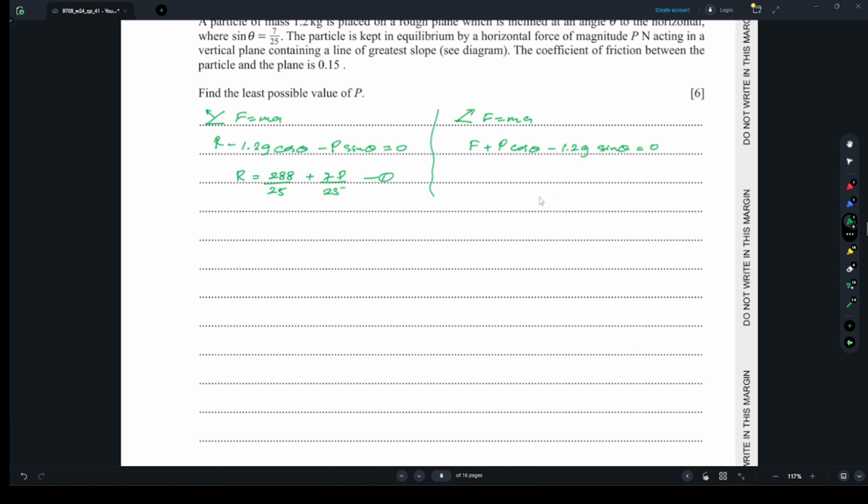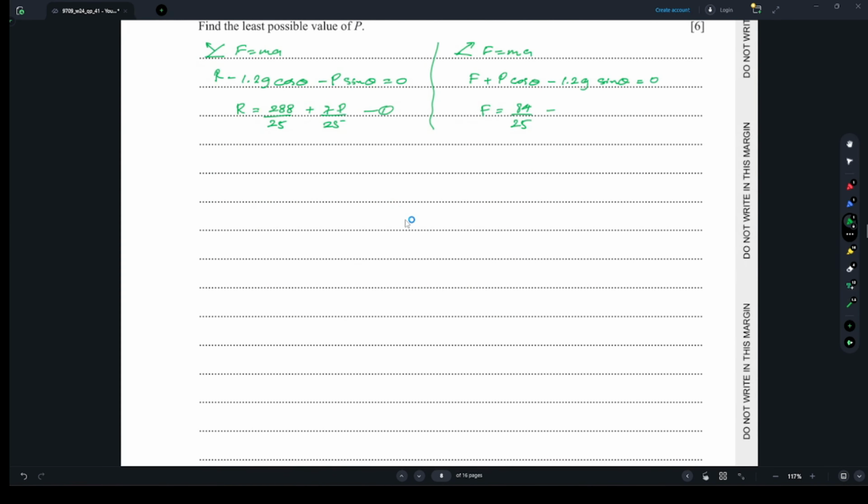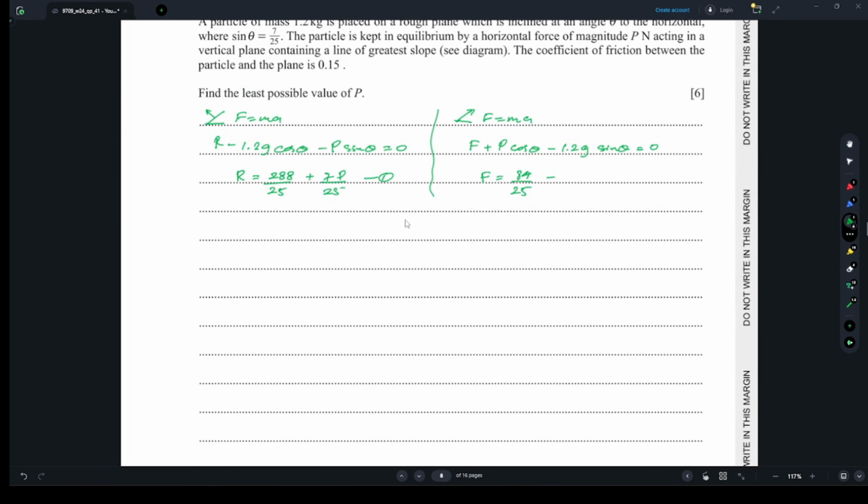So from this one I am going to make F the subject. F equals, again, 1.2g is 10 times sine theta, 7 over 25. So when you simplify, you will get 84 over 25, and P cos theta. Cos theta is 24 over 25. When it goes to the other side, it's negative. So 24P over 25.